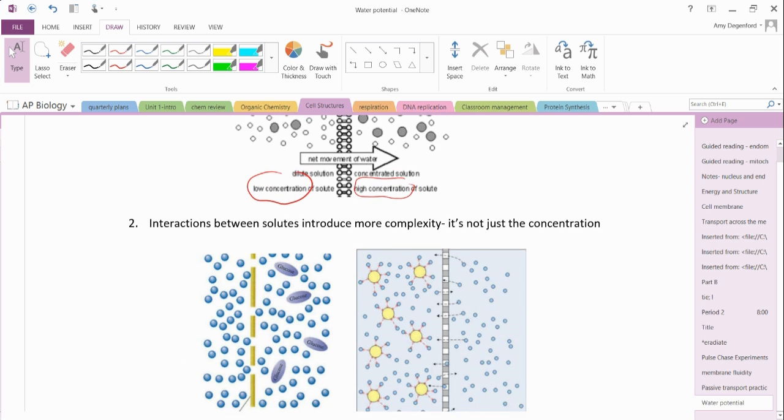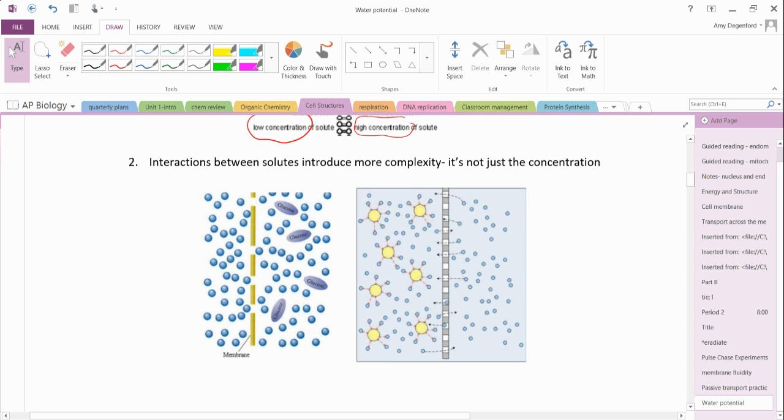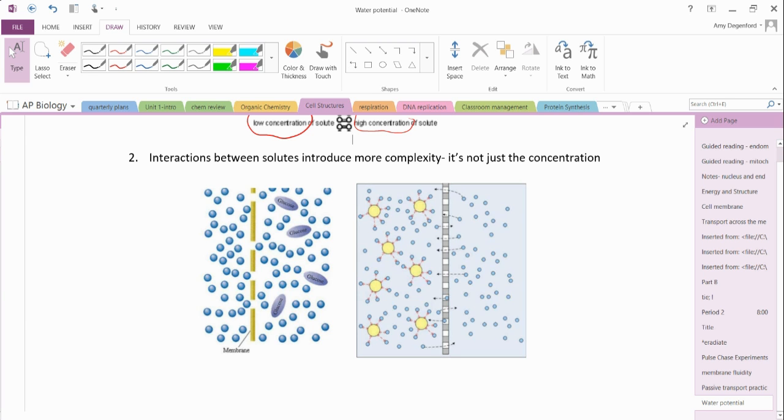Now, it's not as simple as just the concentration. What you want to look at is this idea that when there is a solute mixing with water, that solute does have some charges. So for instance, if this is a negative charge and a positive charge, so maybe this is sodium and chlorine, salt water, notice that the water molecules are going to clump around those ions.